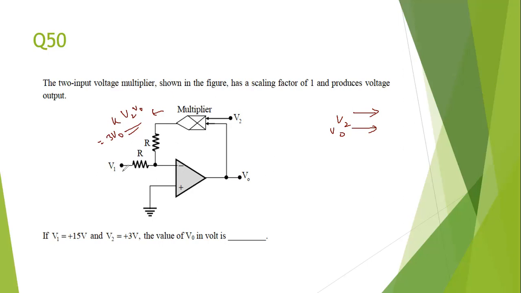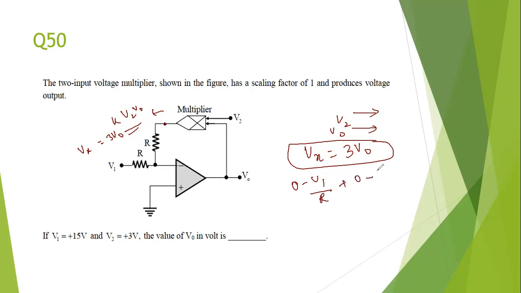Just apply the current V1 by R, which will be equal to this one. Let's say this is your output voltage Vx. So Vx equal to 3 times V0. Apply the KCL here: 0 minus V1 by R plus 0 minus 3 times V0 by R equal to 0. So V0 equal to minus V1 by 3. Sorry, this is Vx, not V0.